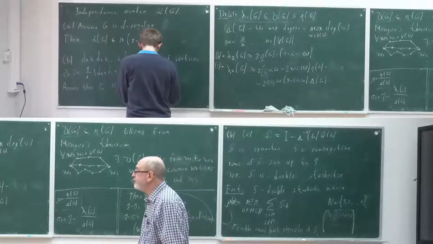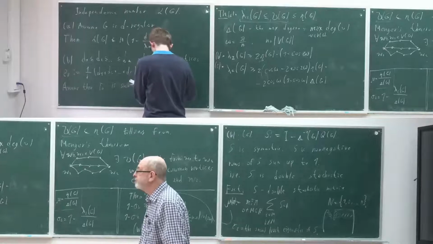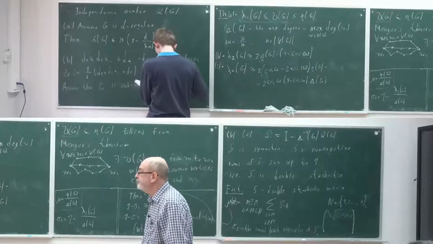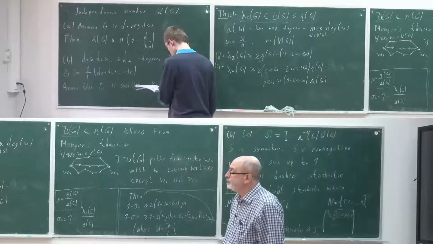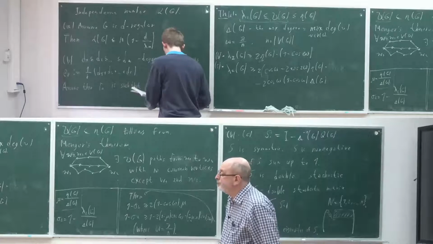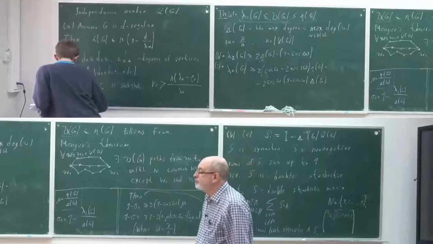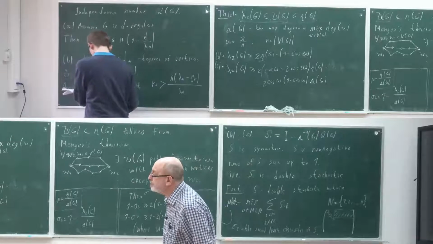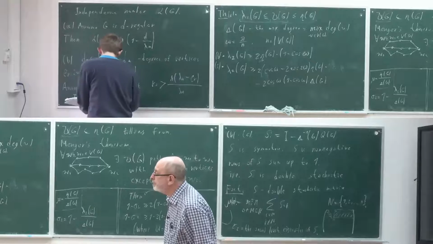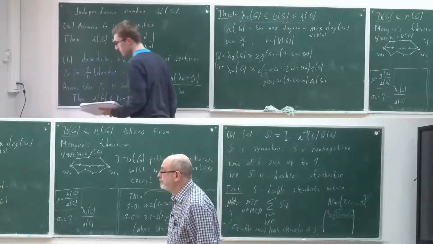So R0 is greater than n times (lambda n minus E_R) over lambda n. Then I claim that the independence number is less or equal than R0 minus 1.